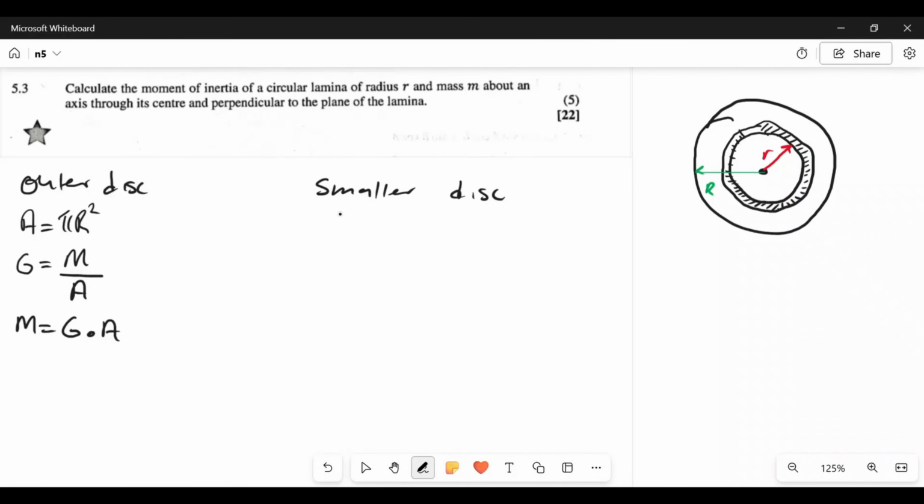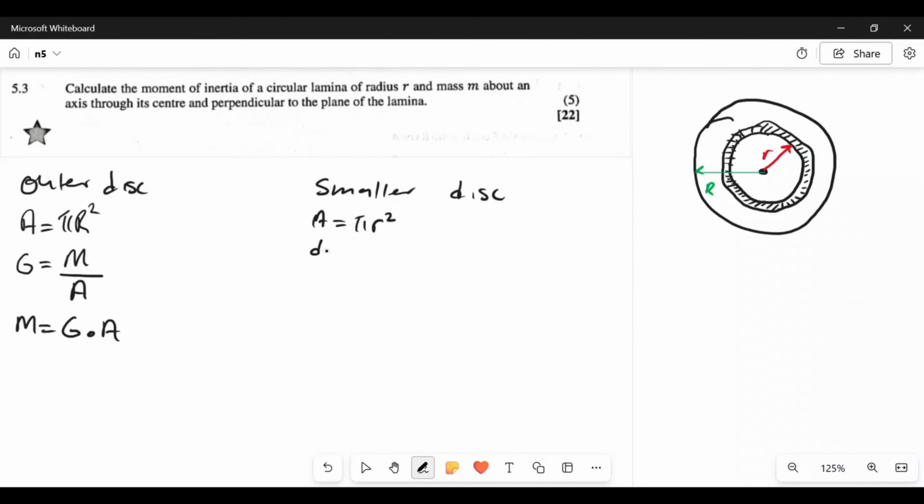There we go. Now, the information on the smaller disk: we also have the area, which is pi small letter r squared. We can differentiate this area so that we can find the area of the smaller ring, the one that we highlighted in black there.